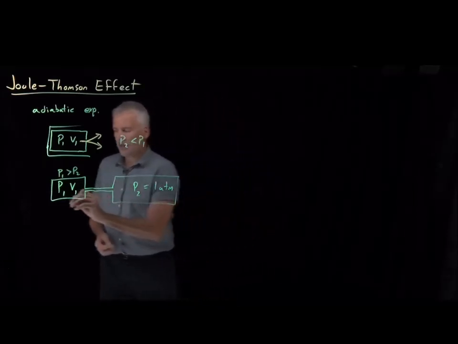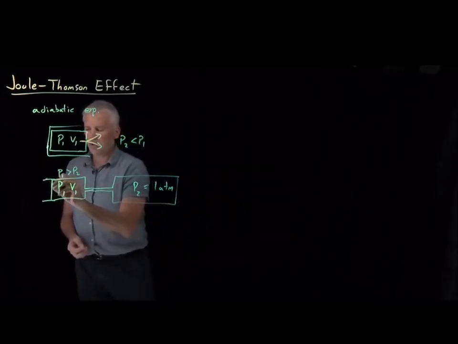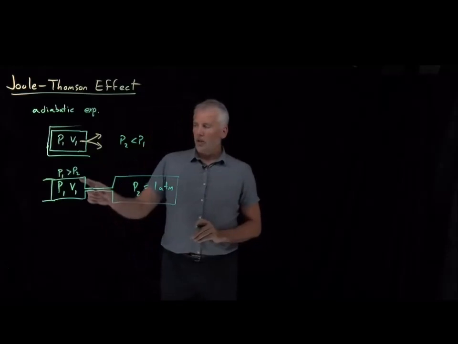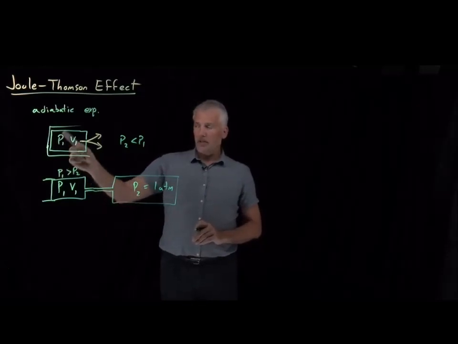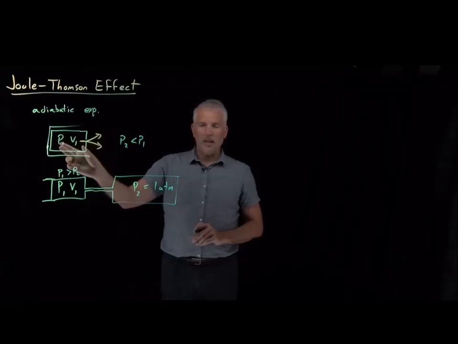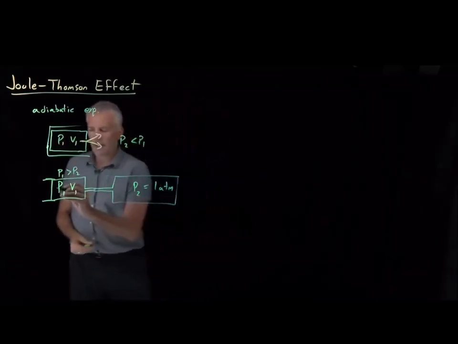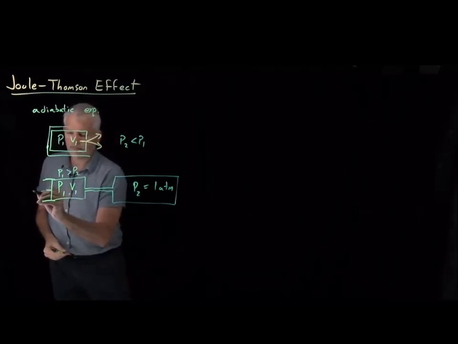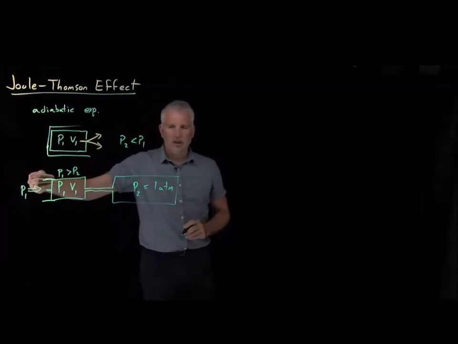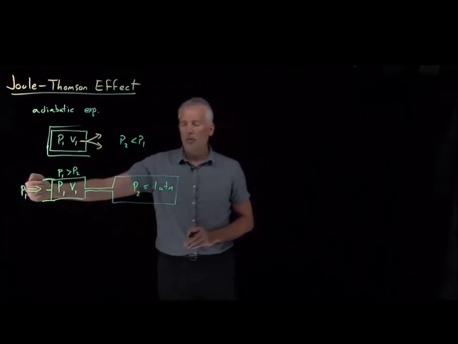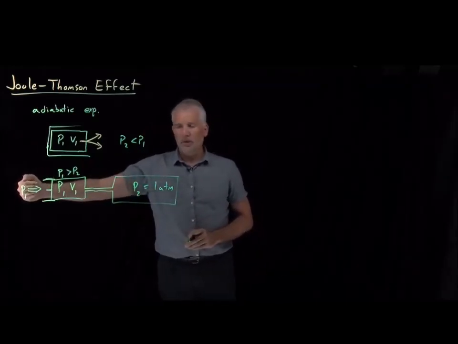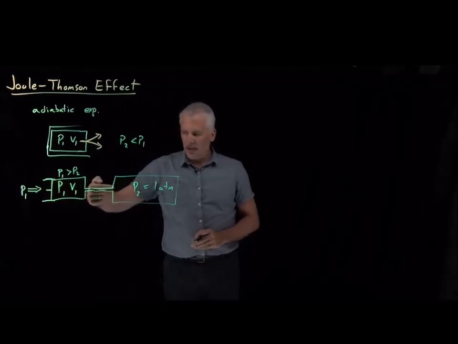But now I am going to imagine using a piston, because another inconvenience, at least computationally, about this process is, as the gas expands, there's less of it in here, so the pressure keeps dropping. But what if I use this piston and have an external pressure always pushing on this piston with a pressure P1? So a large external pressure pushing on this piston, forcing the gas through this nozzle.